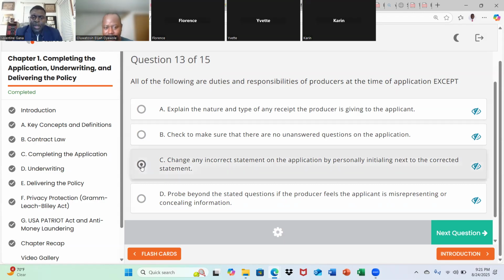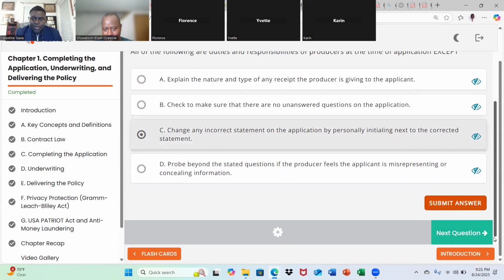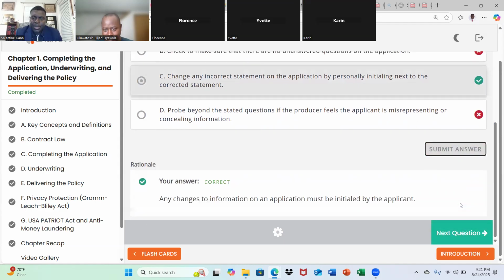Correct. Not the producer. Let's submit. And that's correct. You want to read that explanation, Oluwatosin? Any changes to information on an application must be initialed by the applicant.